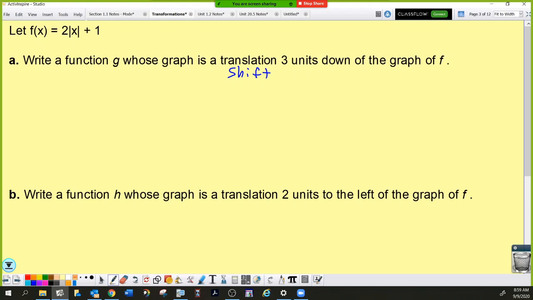Same thing we want. So if it says 3 down, what would I expect to see outside the parentheses? -3. So the function notation rule would be f of x minus 3, just like that.